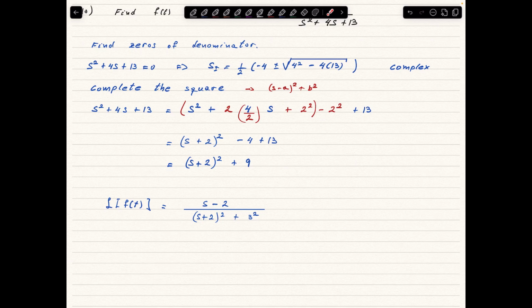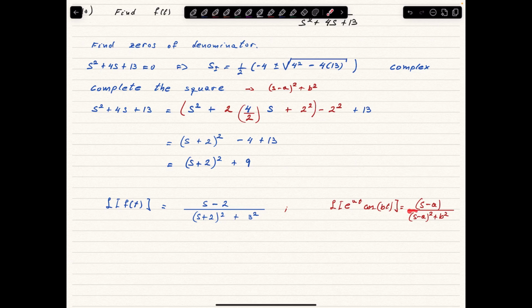Both the Laplace transform of sines and cosines multiplied by exponentials actually have that form, because now if we go to the Laplace transform table, the Laplace transform of the exponential e to the at times cosine of bt is very similar to that, it is s minus a, and down here we have (s minus a) squared plus b squared.